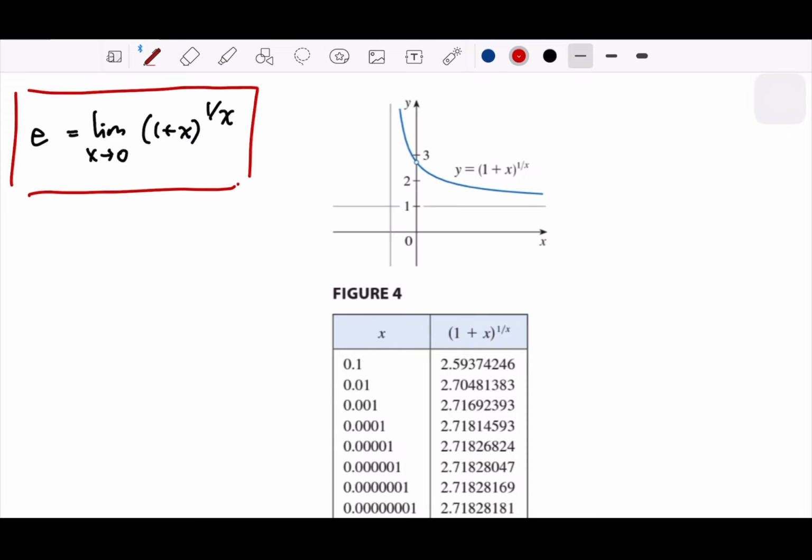And precisely at this point here, that is our e in numbers. You will see that it doesn't really have a point, but we have the limit. That's why e is defined using a limit, because at this point itself we don't really have the point, but we have the limit.